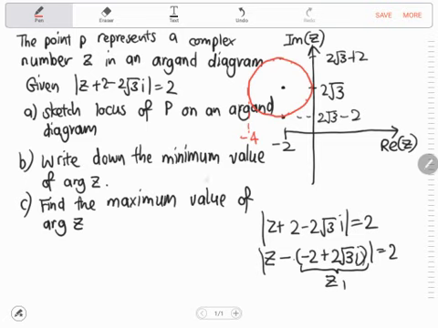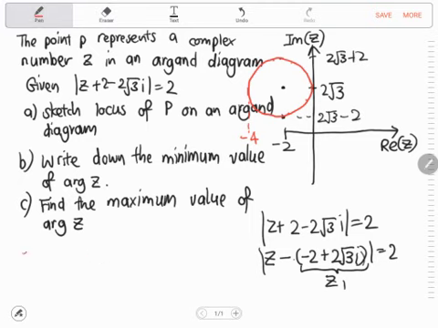Now write down the minimum value of arg Z. Now the argument of Z can be written as arg of Z minus 0. Let's come to this idea first.